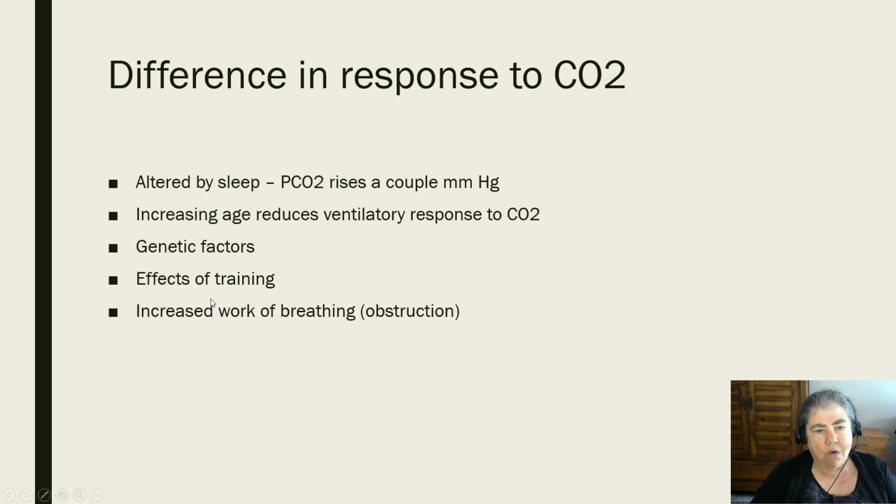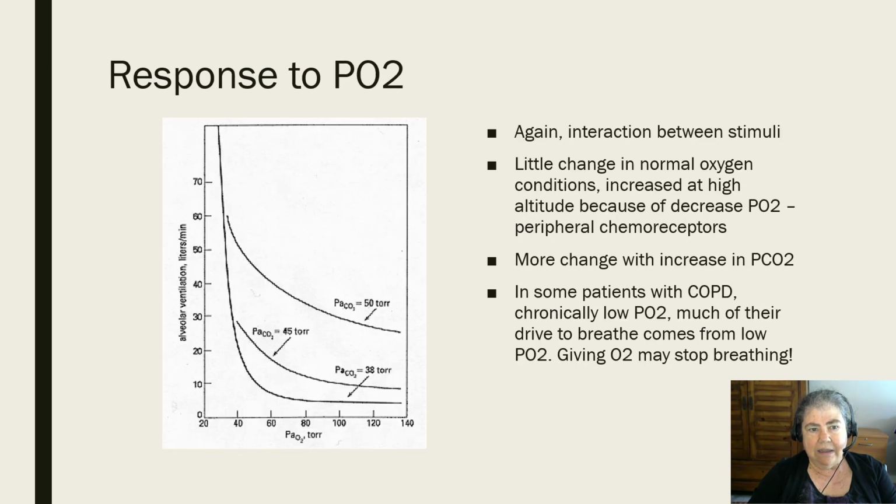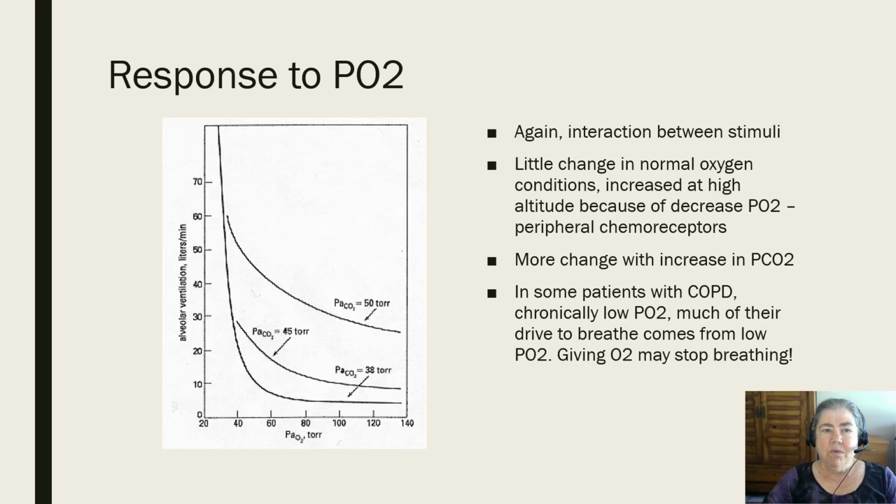And then chronic obstructive lung disease, which increases the work of breathing, can ultimately change our response to carbon dioxide levels. So, remembering that the peripheral chemoreceptors respond to the partial pressure of oxygen, one of the interesting things that we see in physiology is that there are connections between the response to oxygen and to carbon dioxide.